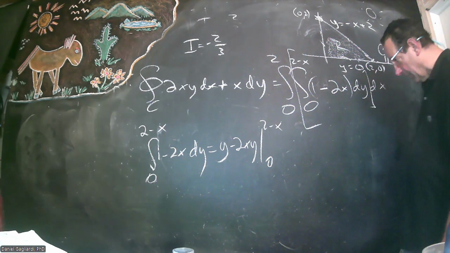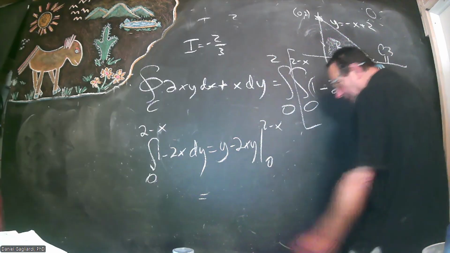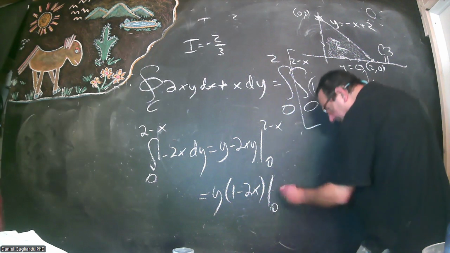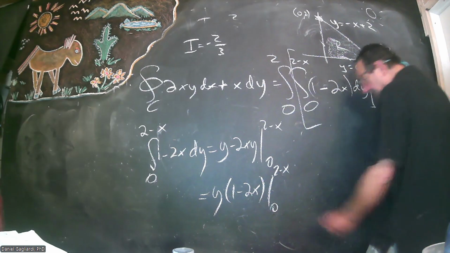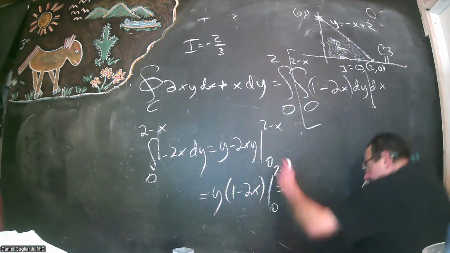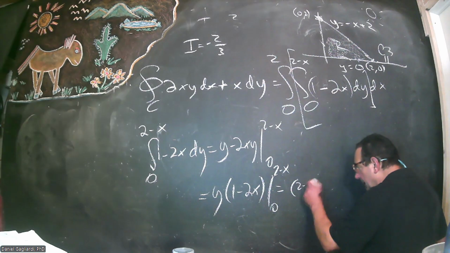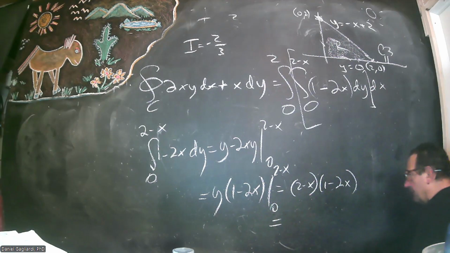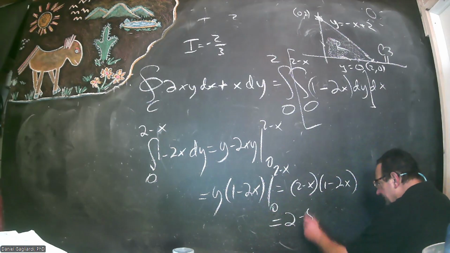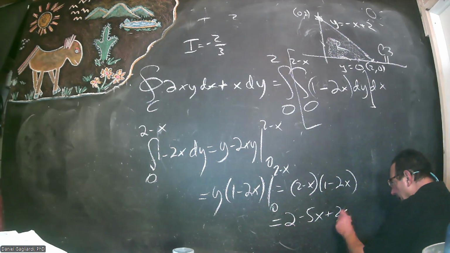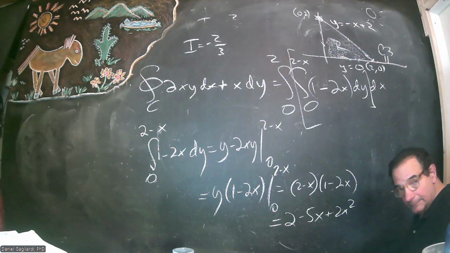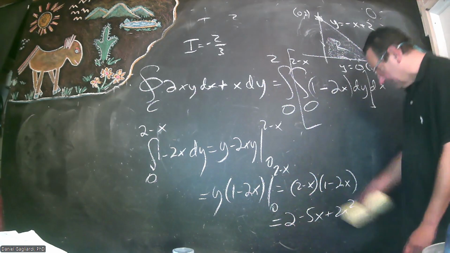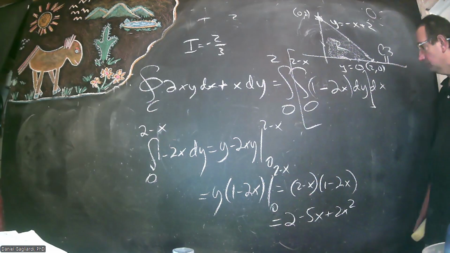So may as well factor out a y. If I factor out a y, I have 1 minus 2x, and y again goes from 0 to 2 minus x. Filling in the 2 minus x, we have 2 minus x times 1 minus 2x. And foiling all this out, I have 2 minus 5x plus 2x squared. And that's the inside integral. So 2x squared minus 5x plus 2.